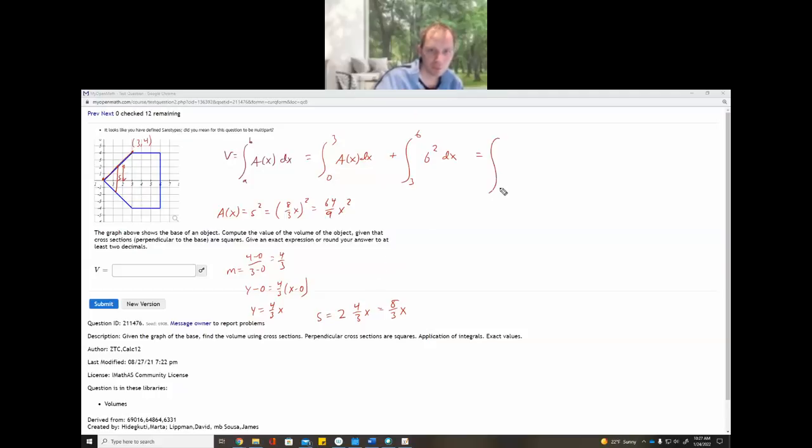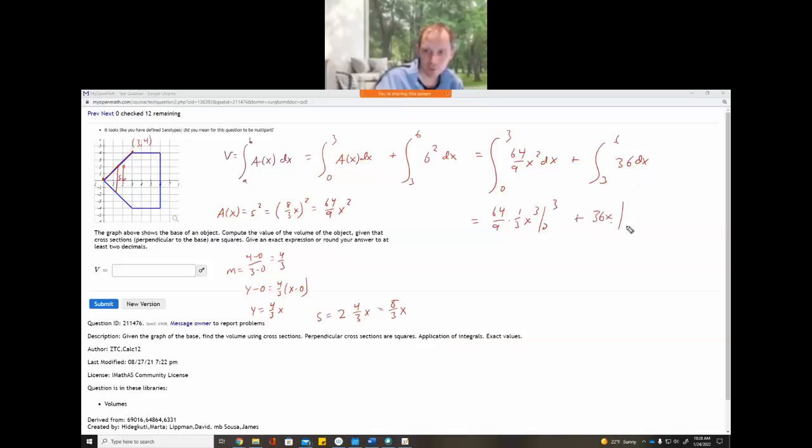So now my volume equation is the integral from 0 to 3 of 64/9 x squared dx plus the integral from 3 to 6 of just 36 dx. And then we integrate away. I get 1/3 x cubed from 0 to 3.